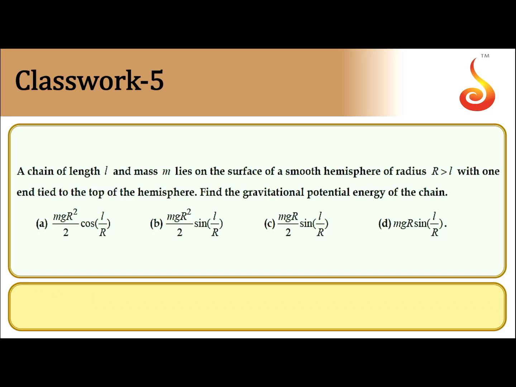Example 5. A chain of length L and mass M lies on the surface of a smooth hemisphere of radius r which is greater than L, with one end tied to the top of the hemisphere. Find the gravitational potential energy of the chain. Okay, we can show the construction.